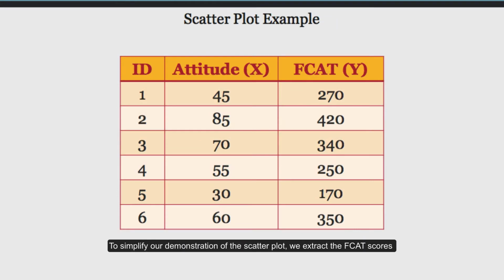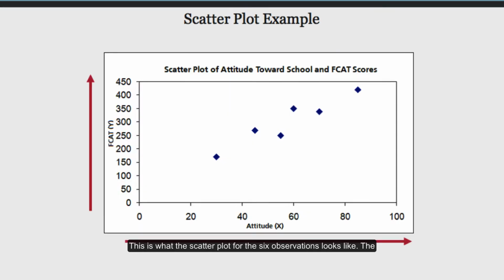Typically, all observations are used to create a scatter plot. To simplify our demonstration of the scatter plot, we extract the FCAT scores and attitude scores of 6 students from the sample of 50 students. This is what the scatter plot for the 6 observations looks like. The horizontal axis represents the attitude scores x, and the vertical axis represents the FCAT scores y. A dot in the scatter plot represents the attitude score and the FCAT score, x y, for one student.